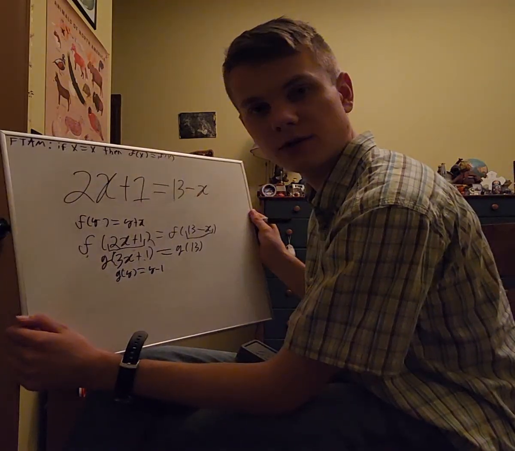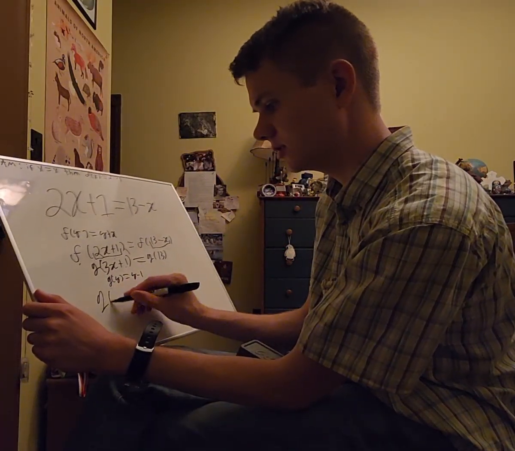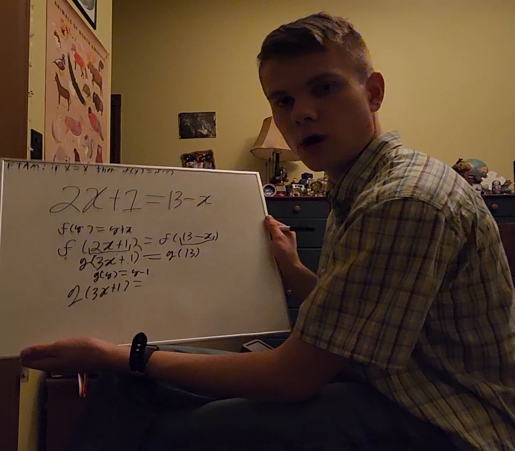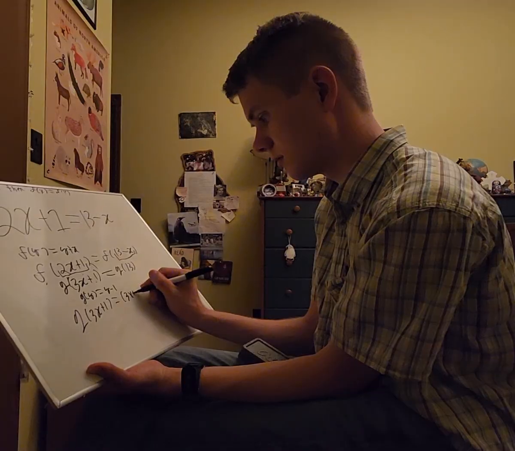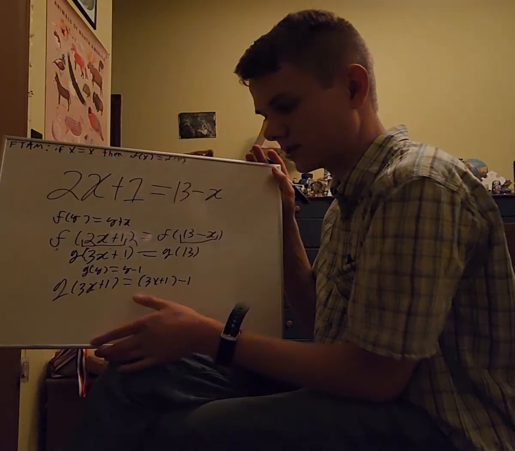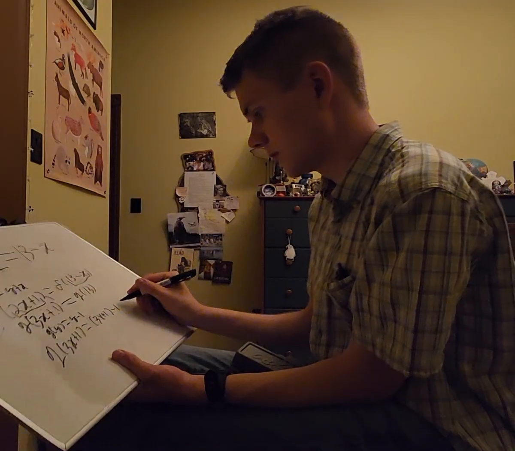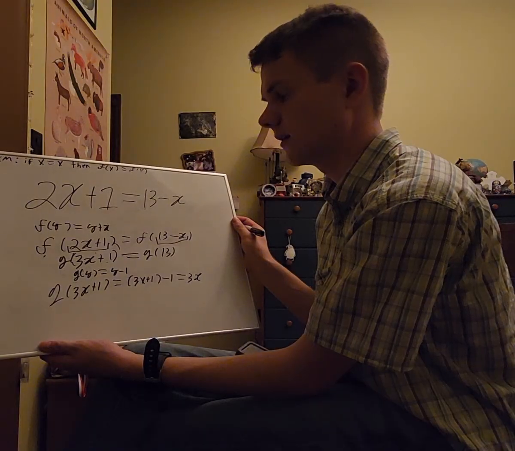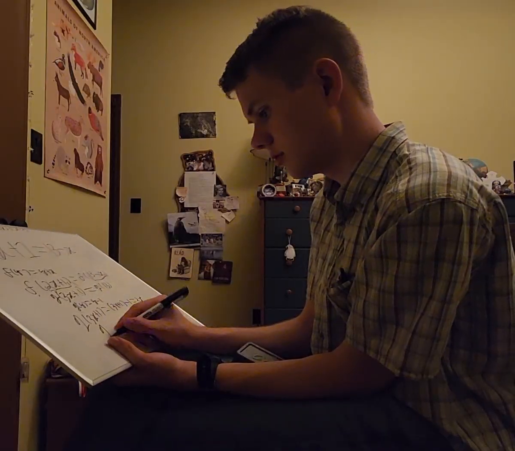Okay, so what's g of 3x plus 1? Well, first of all, we need to figure out what y is. y is just an argument, which is 3x plus 1. So g(3x plus 1) is equal to y minus 1, which is 3x plus 1 minus 1, which is 3x. Now for the right-hand side, we want to figure out what g(13) is.